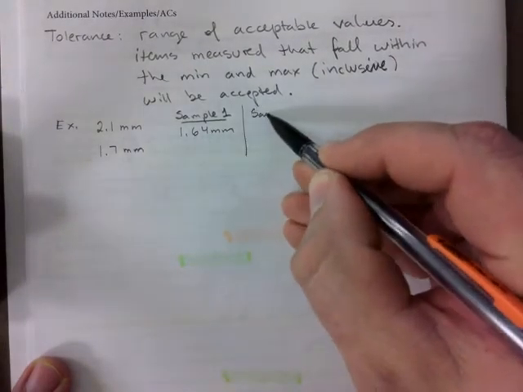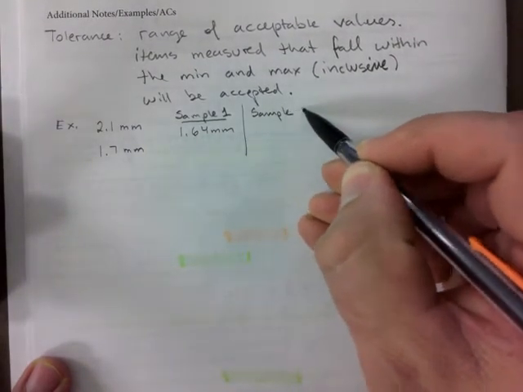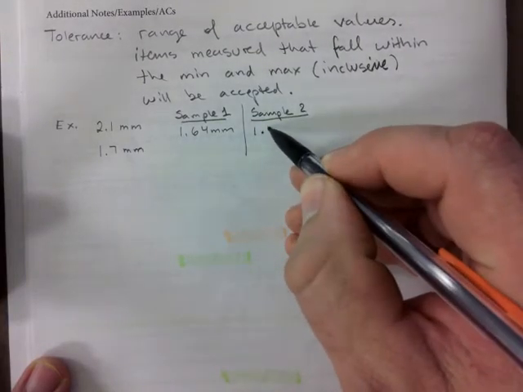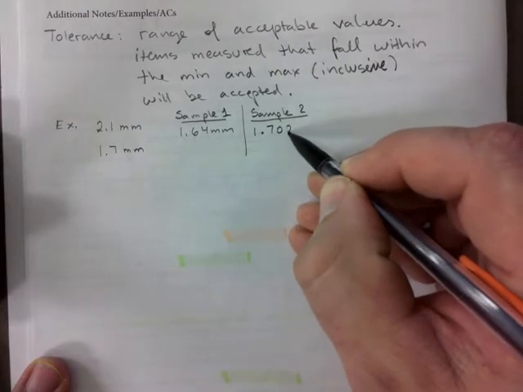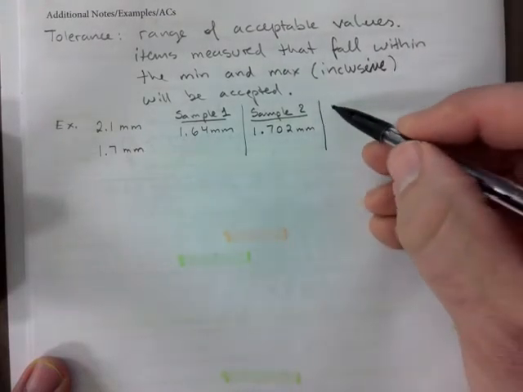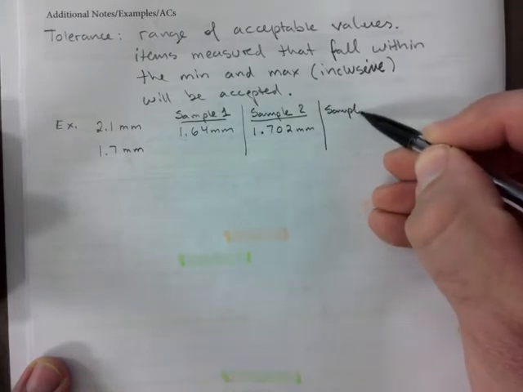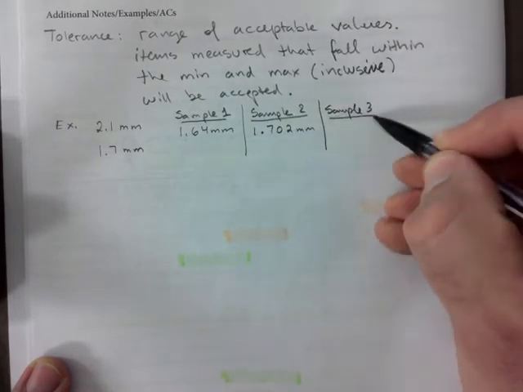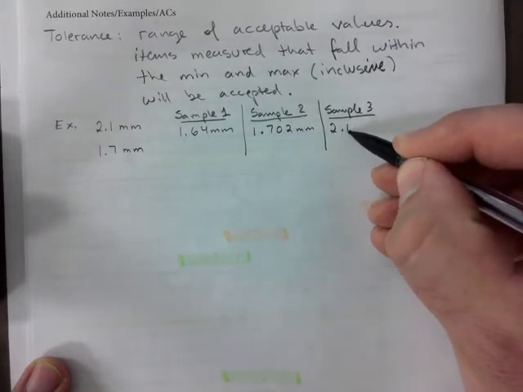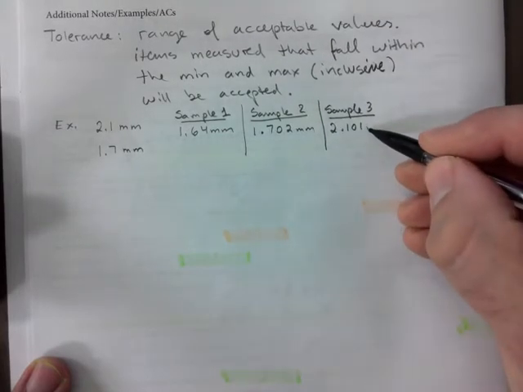Next sample, okay, let's say it's 1.702 millimeters. Sample 3, let's say it's 2.101 millimeters.